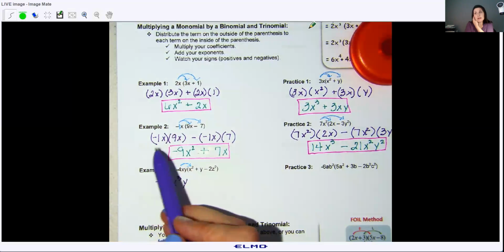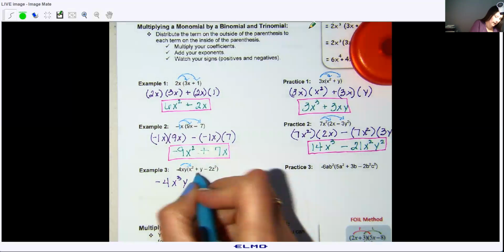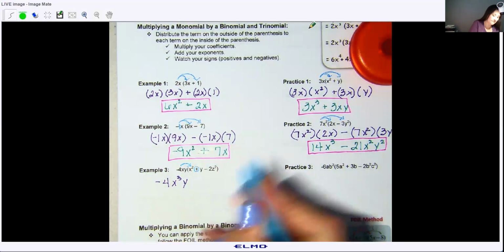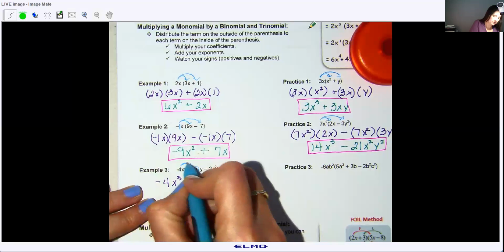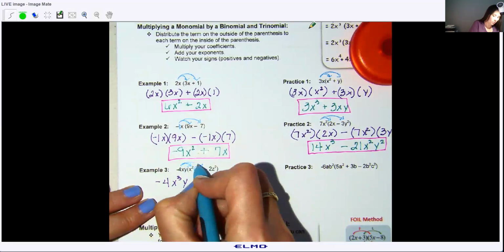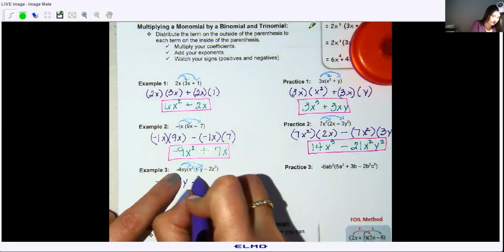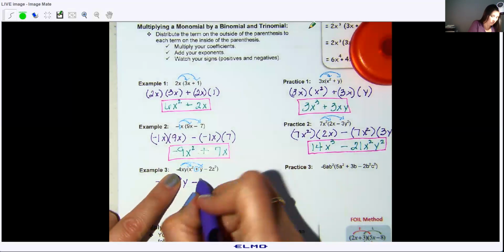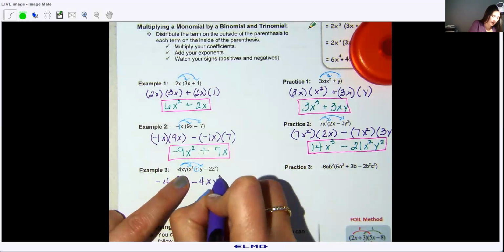Now, if it helps you to write it out like this, you can, but if you can do this part in your head, you could do that as well. Okay. I am adding, but I'm also multiplying by a negative. So I have negative 4xy times y. So that's going to give me a minus, because a negative times a positive 1 is a negative 4, x, and then there are two y's, so y squared.